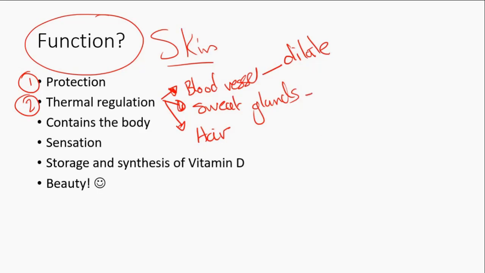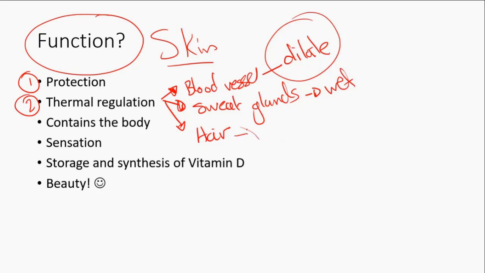Okay, also sweat glands, when you sweat, essentially what you're doing is that you're wetting the surface of your body. So when the blood that's coming from your dilated blood vessels meets the wet surface, it releases the heat from your body.